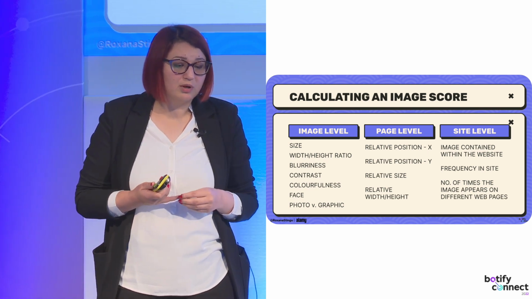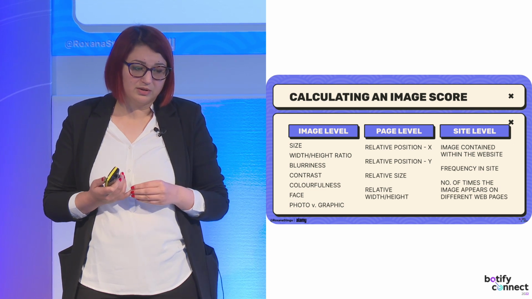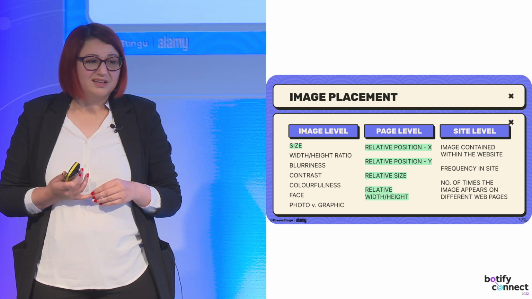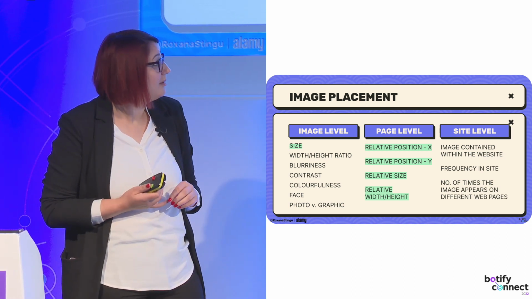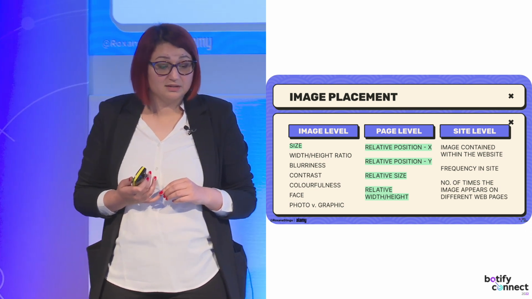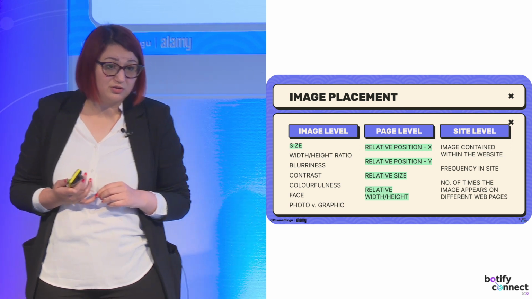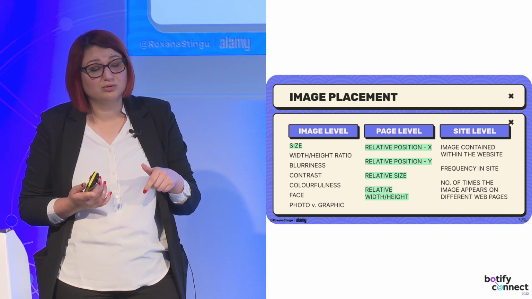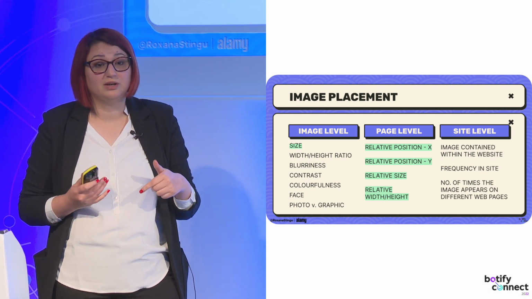So if you're ever wondering about all those SEO articles saying put your images at the top, is that a thing? Ish, not quite. Yes, Google does look at relative position, so you will see if your image is at the top or at the bottom, but it also looks at relative size, which is very important.